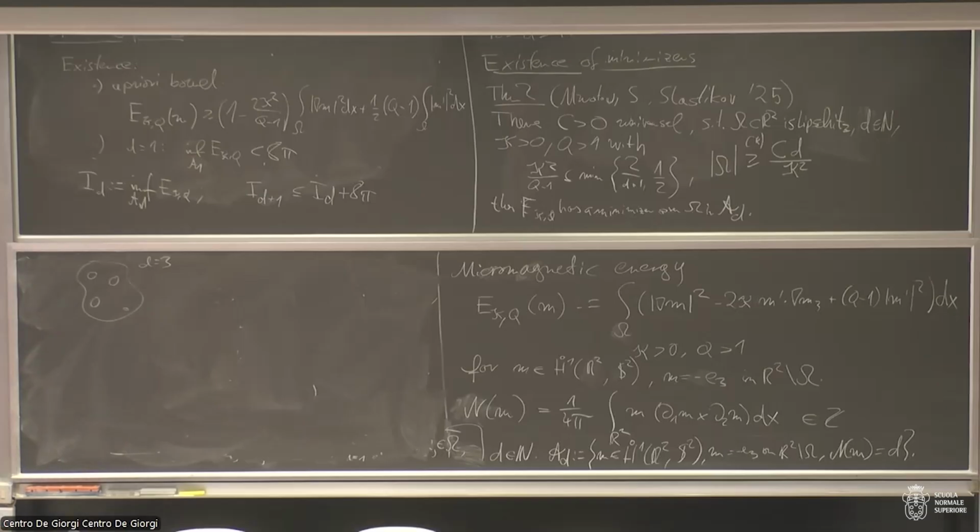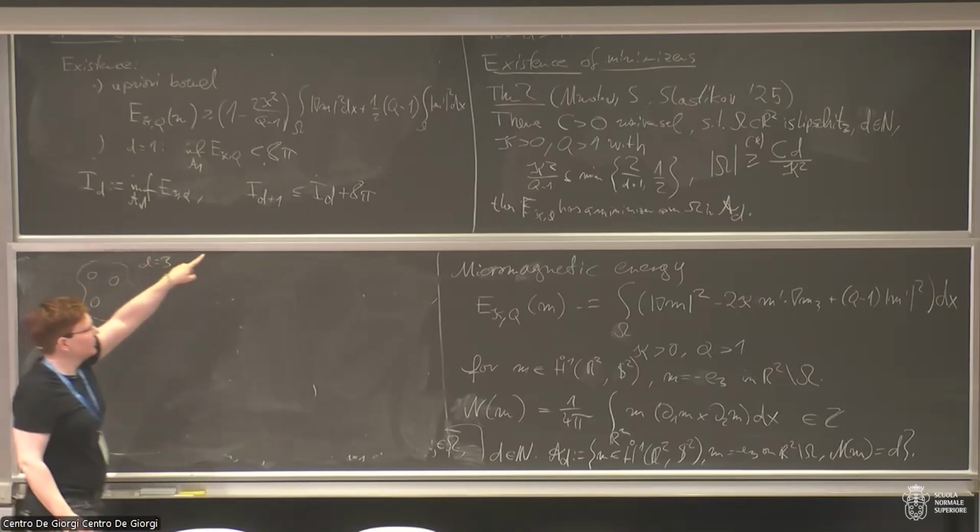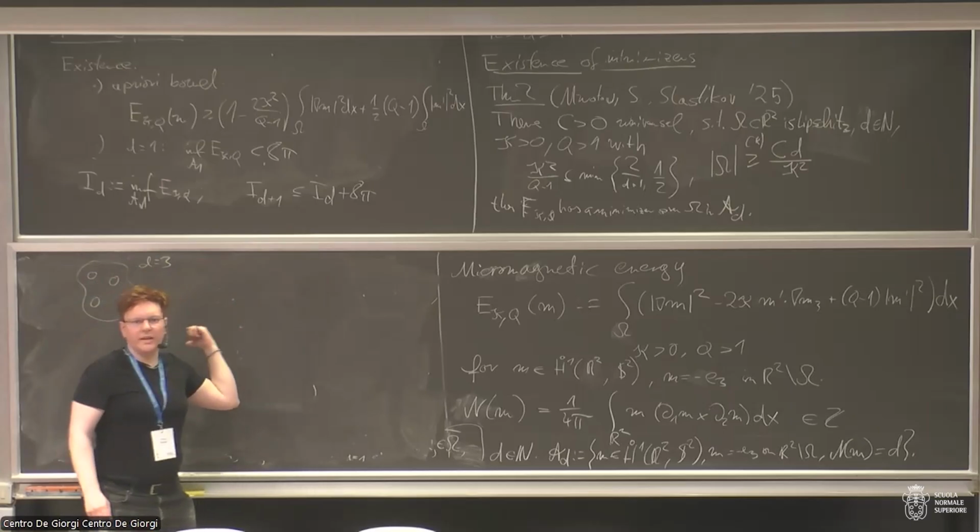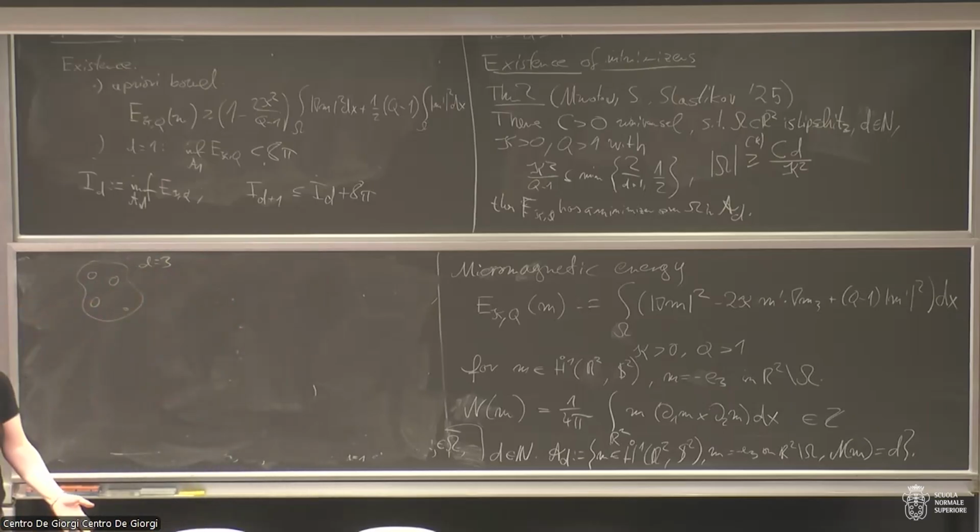But in the minimizing sequence, if you just have this less or equal here, nothing rules out that minimizing sequences will do exactly that. Your minimizing sequence might say, let me keep these 3 skyrmions, I have something with additional degree here, but let's just shrink it away. And this construction with this lower bound cannot rule that out, because that's basically how you did the upper bound.